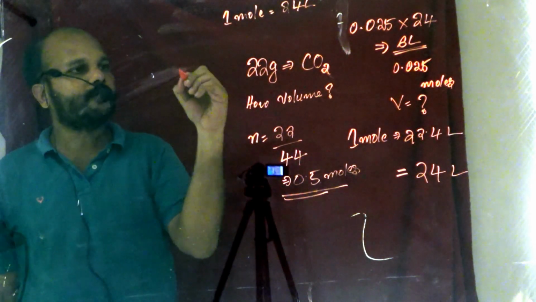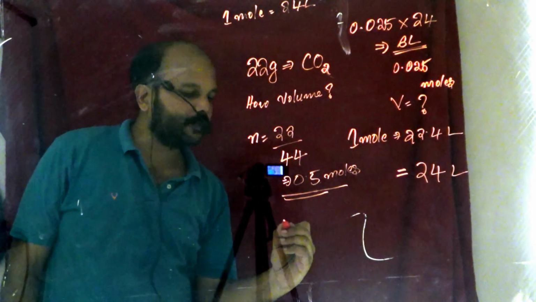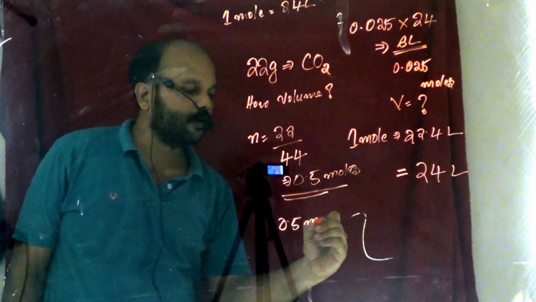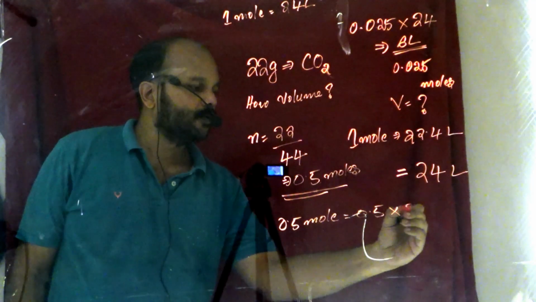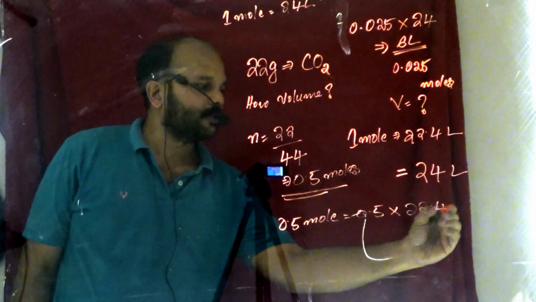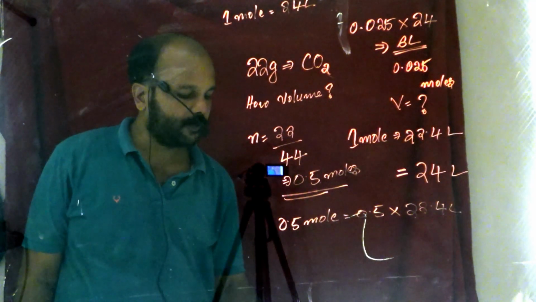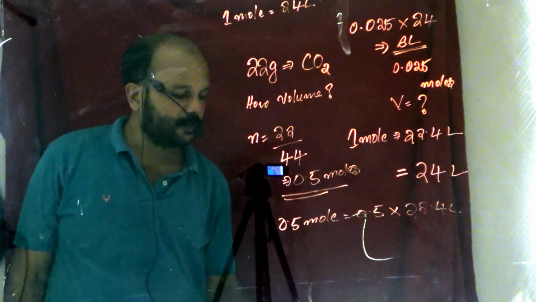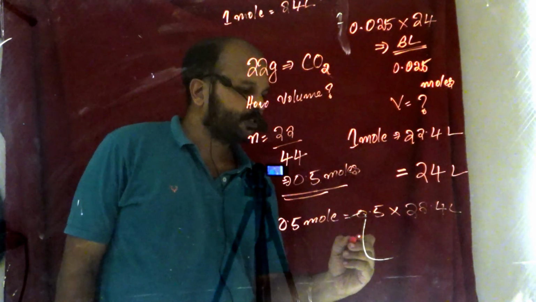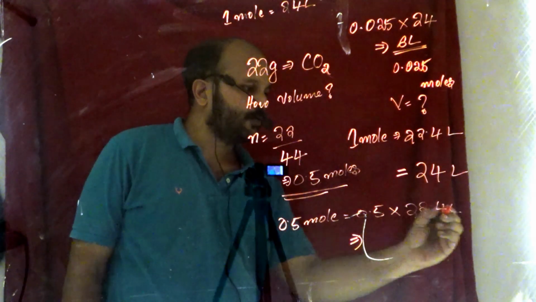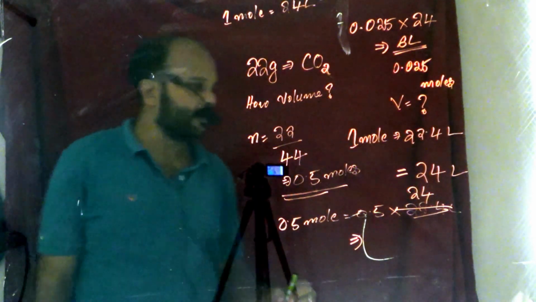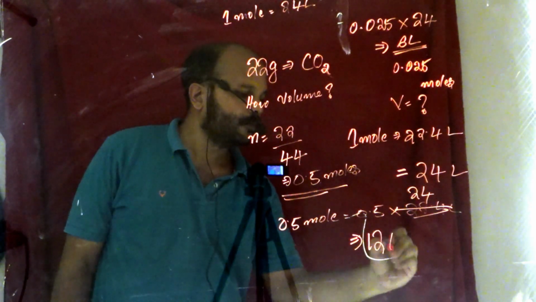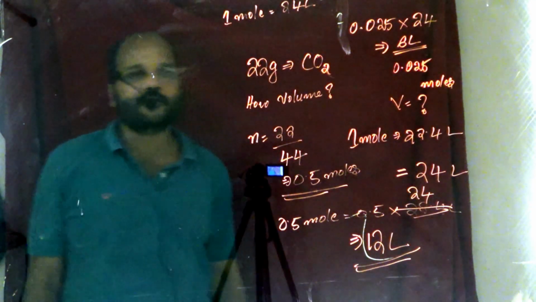So 0.5 mole is going to occupy 0.5 into 24 liters. Sorry, not 22.4, actually 24. So again, this is going to be 12 liters it is going to occupy.